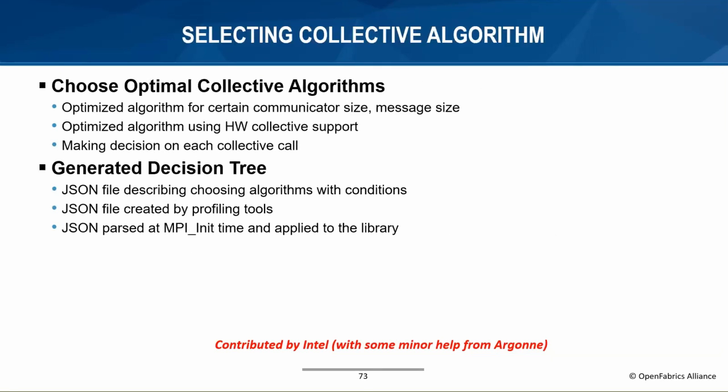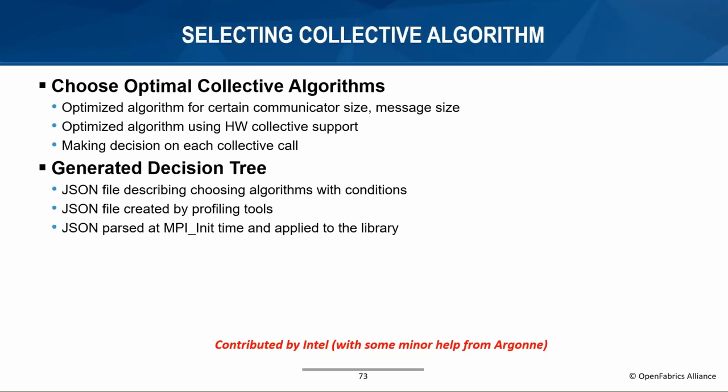So to effectively use all these collective algorithms, one big improvement that Intel is contributing is the collective selection framework. What the framework does is it allows users to choose different collective algorithms based on multiple criteria, including communicator size, the message size, and all that stuff.